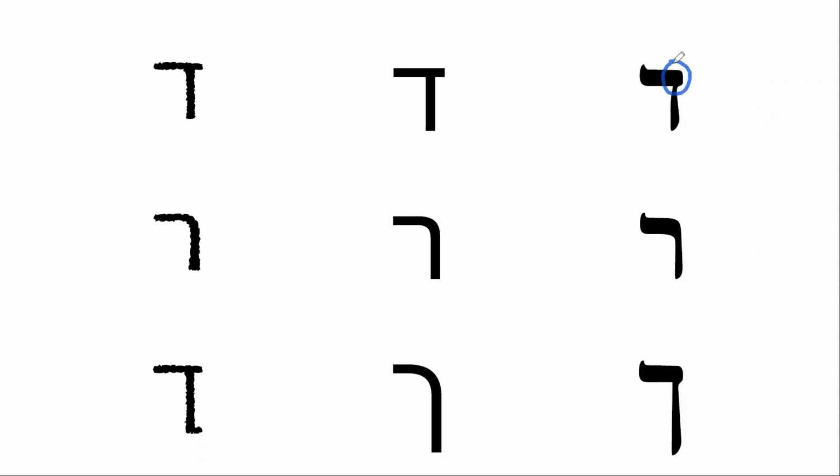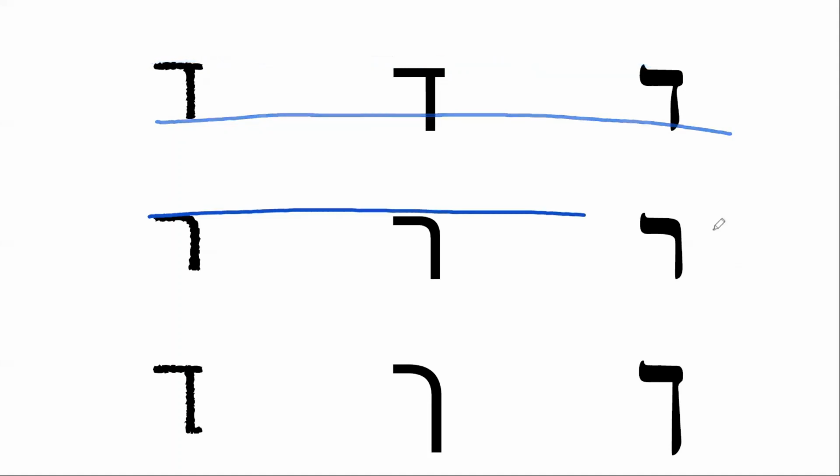It sticks a bit on the right side. Reish is similar, but it's actually one rounded line with no angles. Both Dalet and Reish are of a normal height.